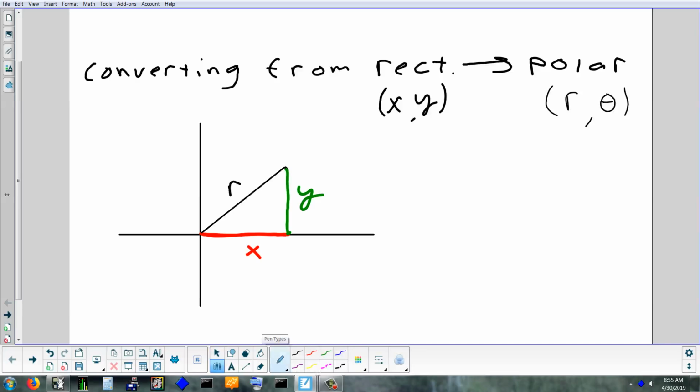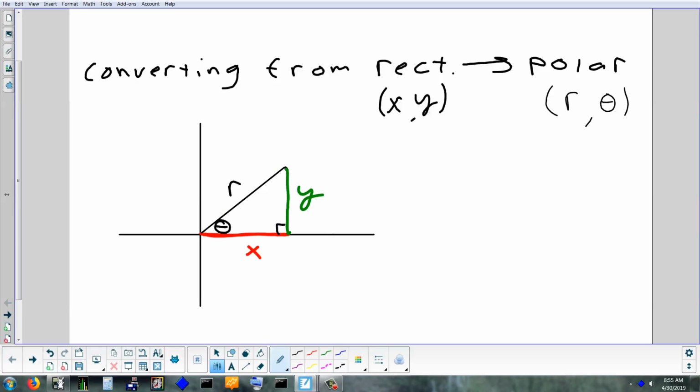There's a way to do that. If you know x and y, you can find r. Now, the angle is right there, and as long as you know x and y, there's a trig function that will tell you the angle. So you're going to be given what's in red and green, and you have to find what's in black. I'm going to write it down nicely on the next page, but just to go through it quick here.